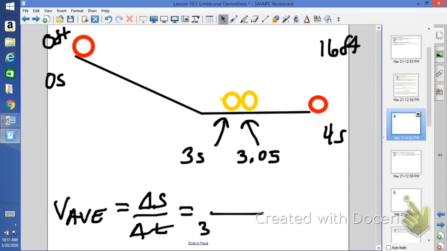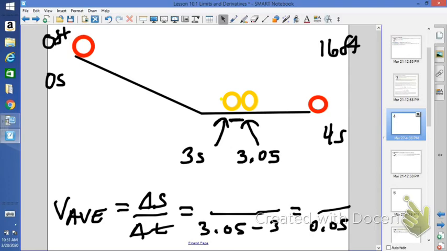So our change in t would be 3.05 minus 3, which would give us a delta t of 0.05. All right, so the smaller and smaller we can make our interval, our delta t, the better our approximation would be for instantaneous velocity.